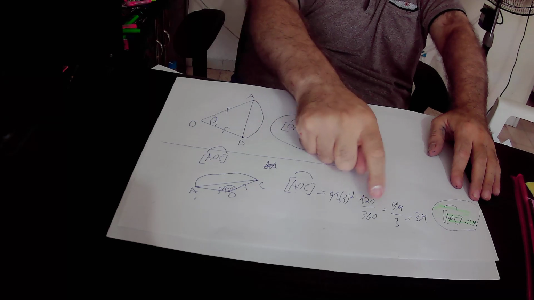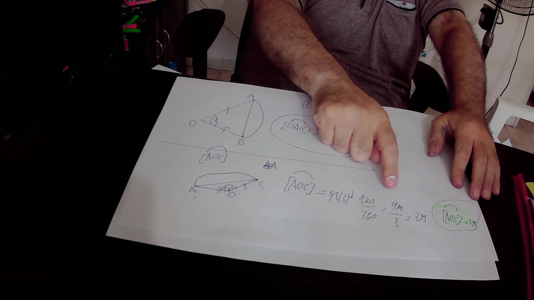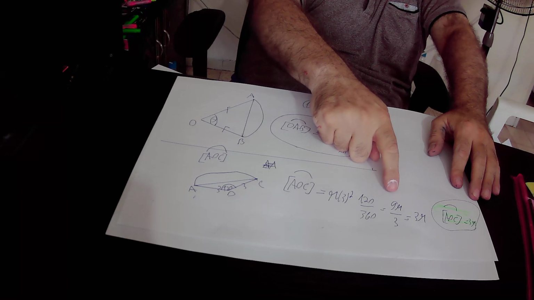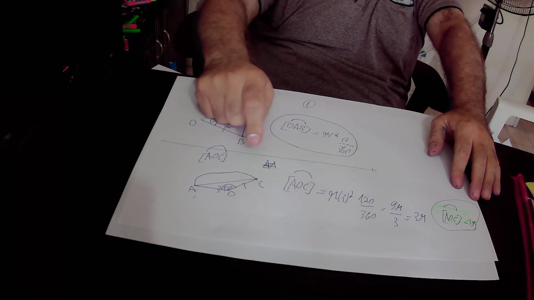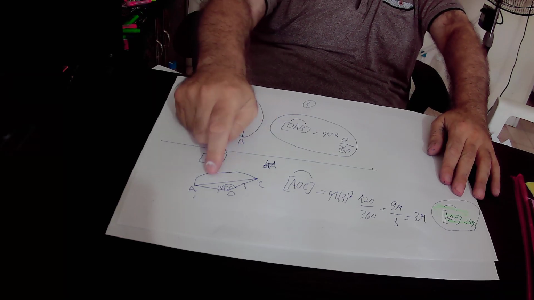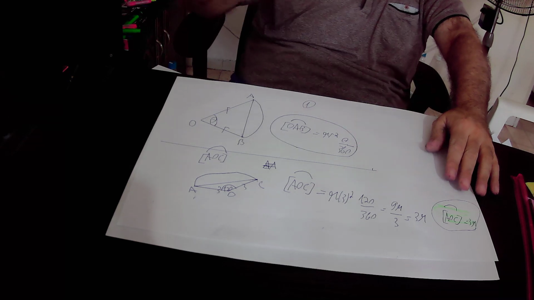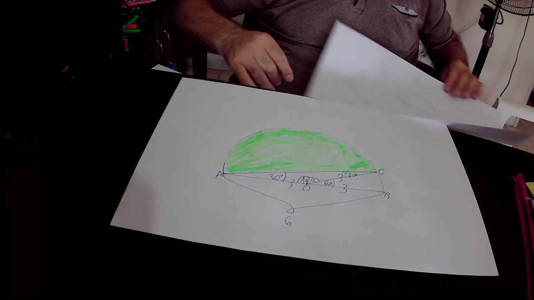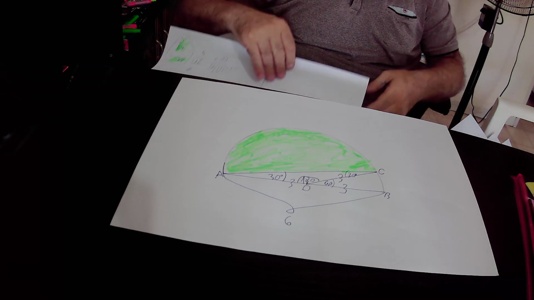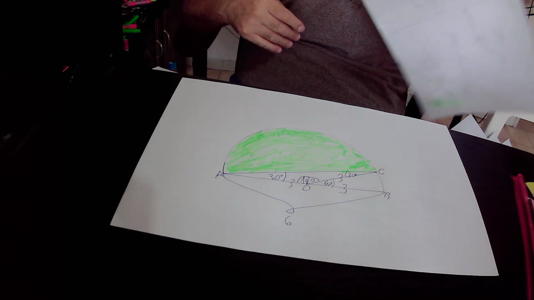So this equals 9 pi over 3, which is 3 pi. In conclusion, the area of sector AOC equals 3 pi square units.